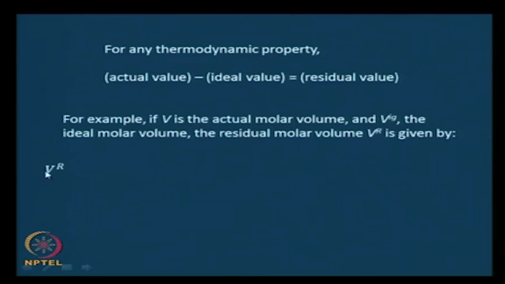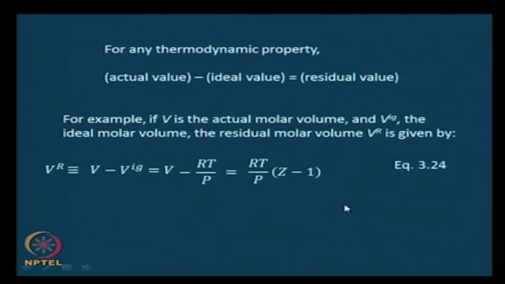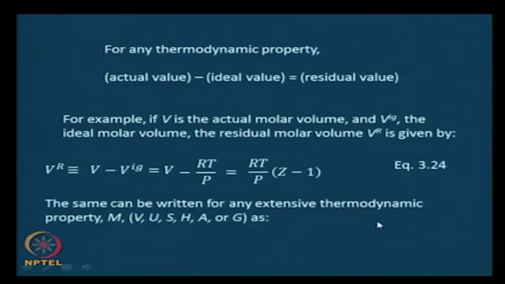For example, the residual volume Vr is nothing but the actual volume minus the ideal gas volume, which was written in terms of the compressibility factor for ease of use. It will turn out to be RT by P into Z minus 1, and then we said that we could write the residual property for any extensive thermodynamic property.